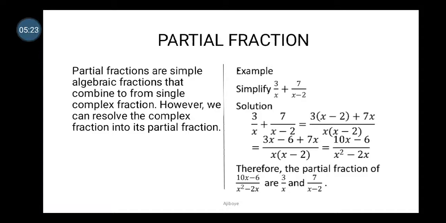This suggests that our simple partial fractions have been combined. The simple partial fractions 3 over x and 7 over x minus 2 have been combined to form a complex fraction of 3x minus 6 over x squared minus 2x. Therefore, the partial fractions of 3x minus 6 over x squared minus 2x are 3 over x and 7 over x minus 2.